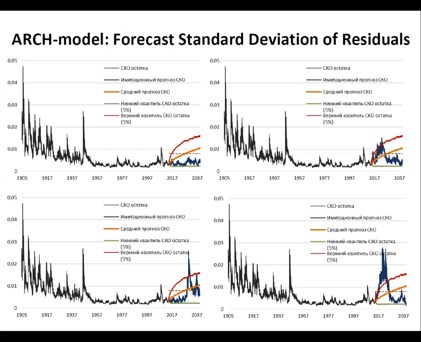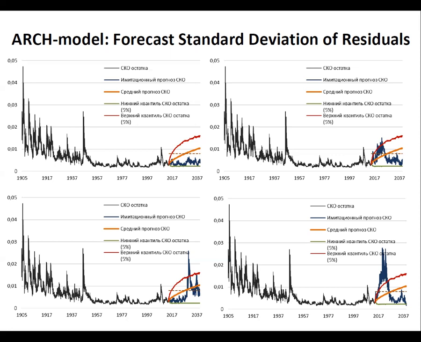Well, again, since we have already said that the ARCH model itself does not see any structural breaks, that is, it does not pay attention to the fact that such a high variance was before the 1950s, it is natural that the average forecast of this volatility by the ARMA plus ARCH model does not take into account this effect of reducing volatility over time.